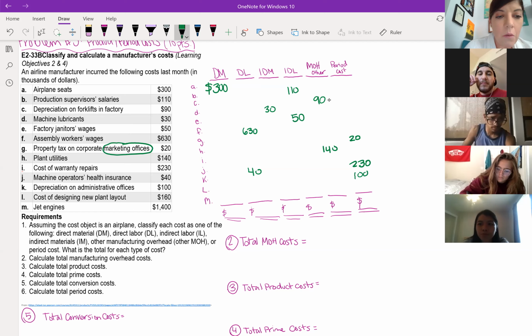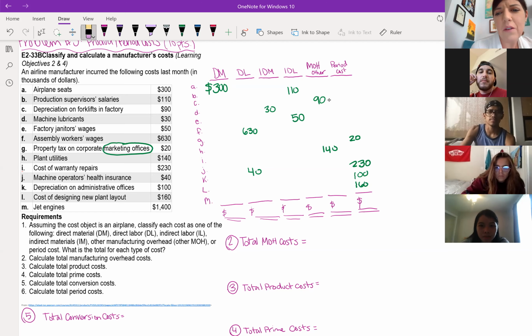Cost of designing new plant layout. Period. Yep. Is it because it's an executive decision?